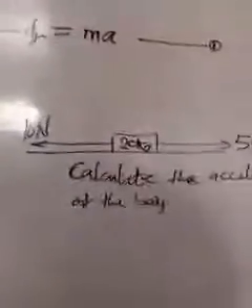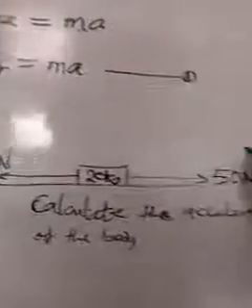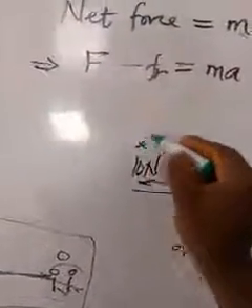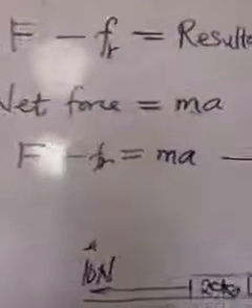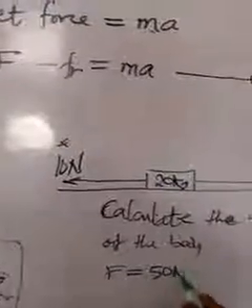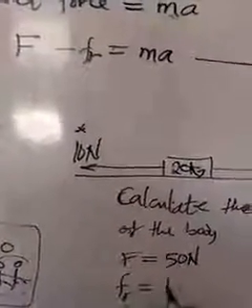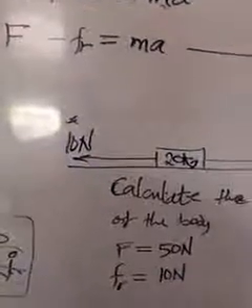Now to find the acceleration, we just go back to the diagram. Look at the applied force here. Look at the frictional force. From the definition, you go to this formula. Where is the applied force? Applied force is equal to 50 newtons. Frictional force is equal to 10 newtons.